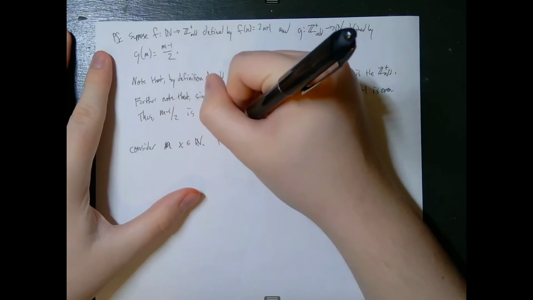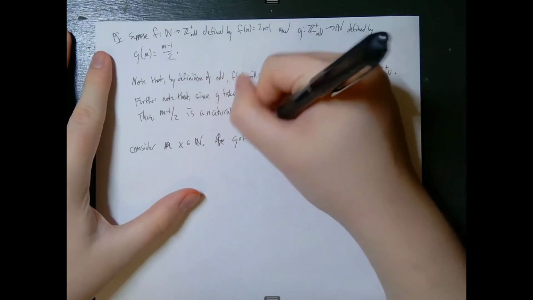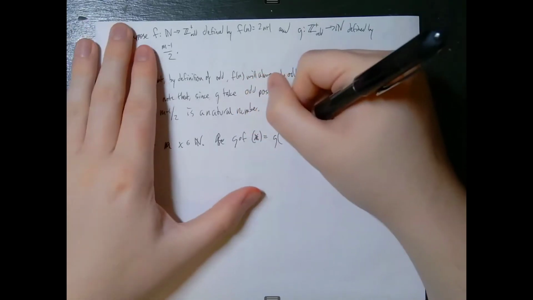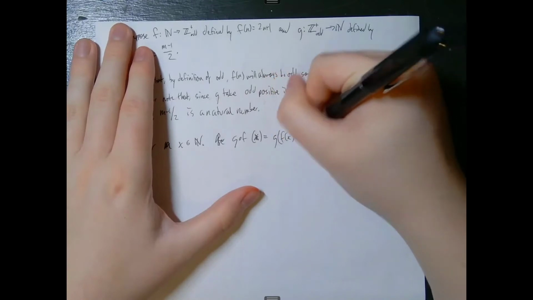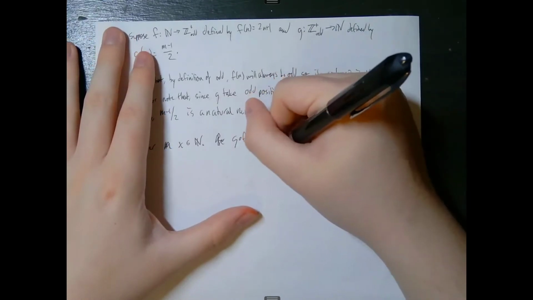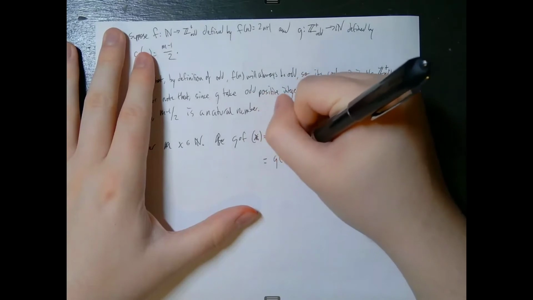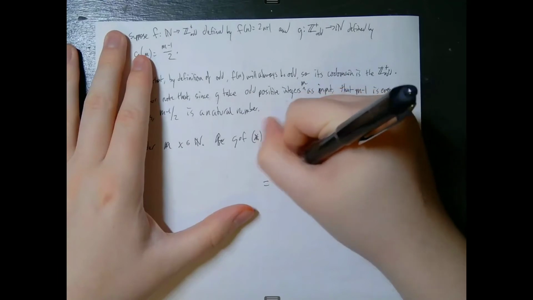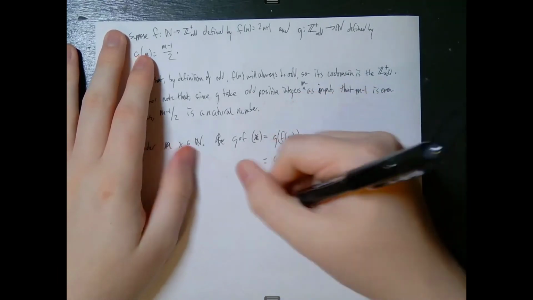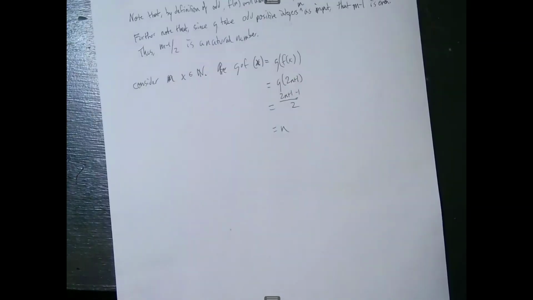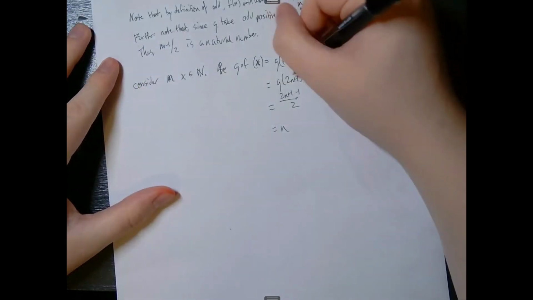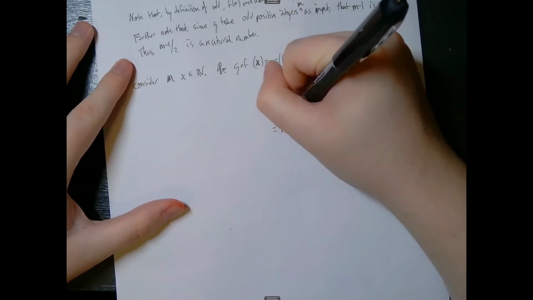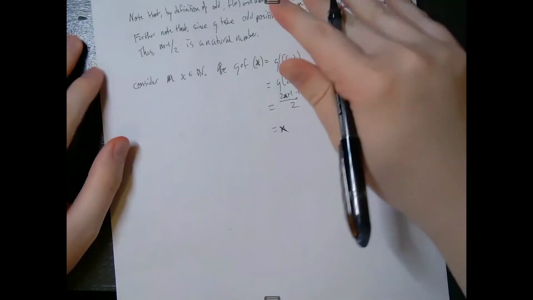G composed with f of x is going to be equal to g of f of x by definition of function composition, which is equal to g applied to 2n plus 1, which equals (2n plus 1 minus 1) over 2. And then through algebra, this is equal to n. Sorry, I switched over from x to n. Let me replace that here. I have gone big sleepy mode, unfortunately.